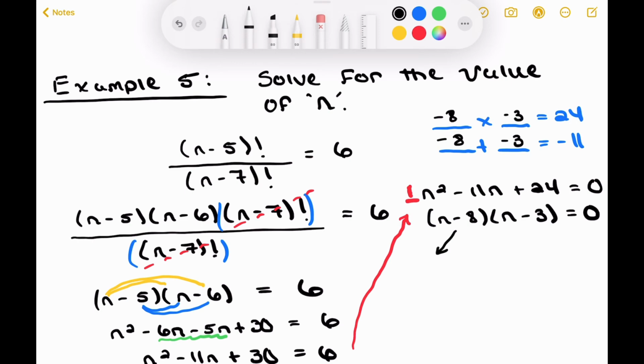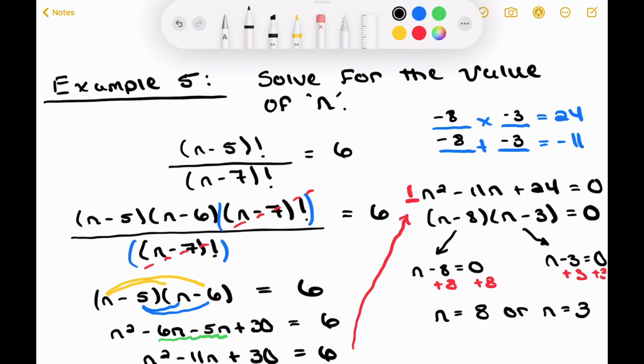And then what we can do to get our n values is say n minus 8 is equal to 0 and n minus 3 is equal to 0. By solving for n in each of these cases, we're just moving the numbers across. So we're going to go plus 8 to both sides and plus 3 to both sides. Thus, the two values of n we get are n is equal to 8 or n is equal to 3. And that is our final solution of the n values that satisfy this equation.